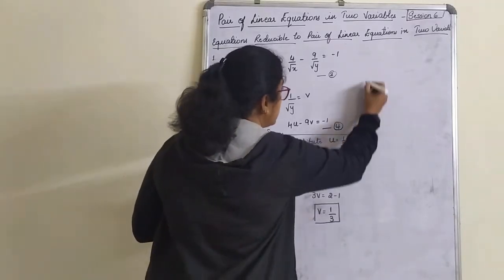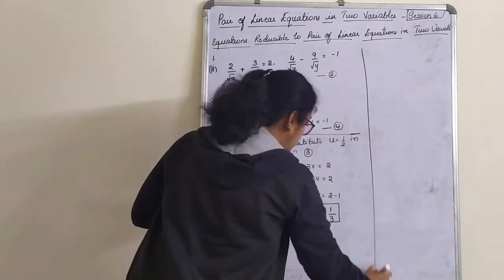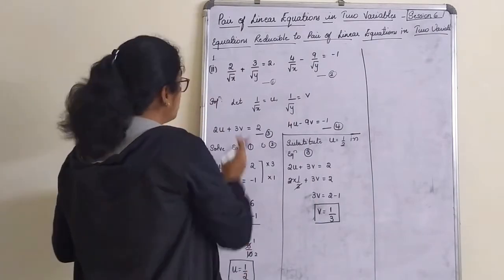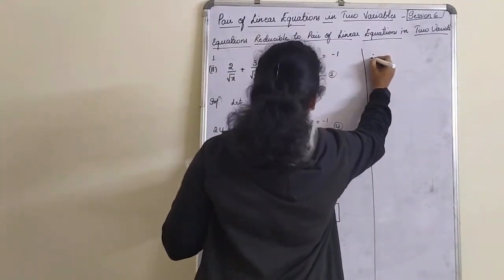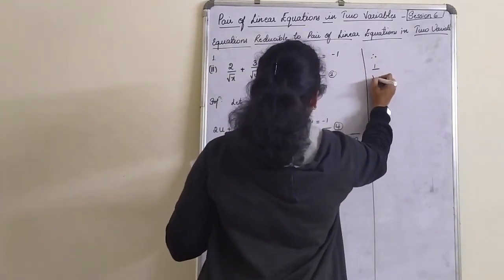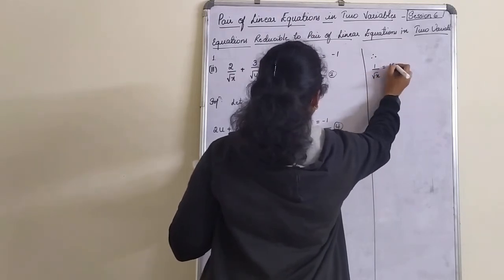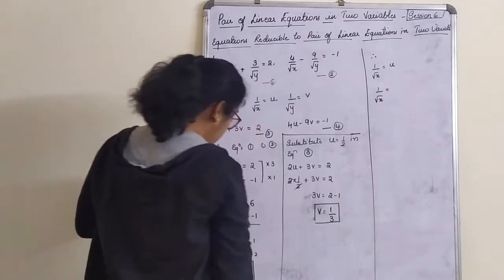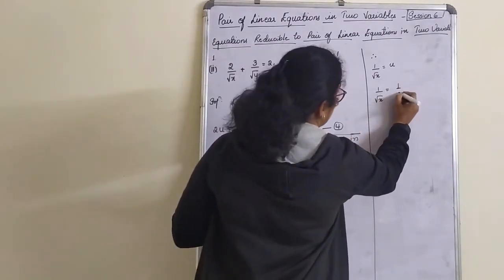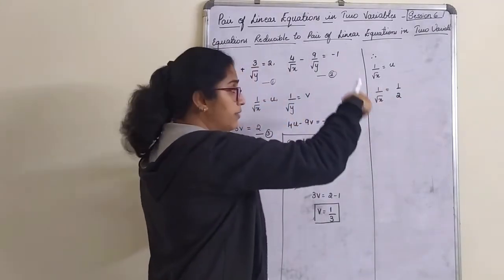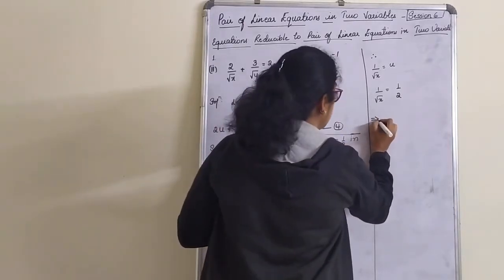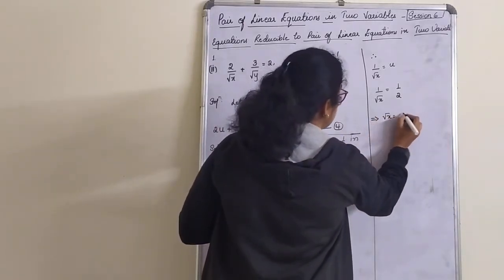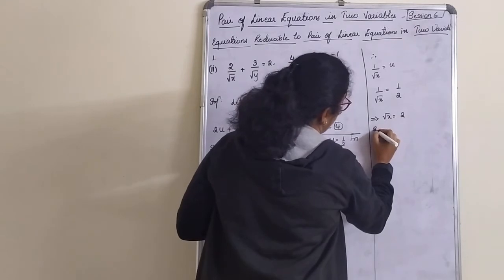Further, the sum continues. Look at the further part here. I do it here, children. So what have we considered? Therefore, 1 by root x is equal to u. So 1 by root x is equal to, what is the u value? 1 by 2. So 1 by 2, 1 by root x. So directly we can say that root x is equal to 2.